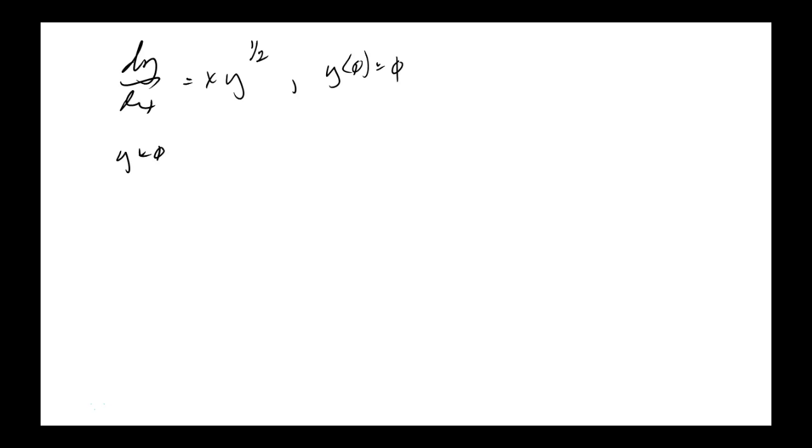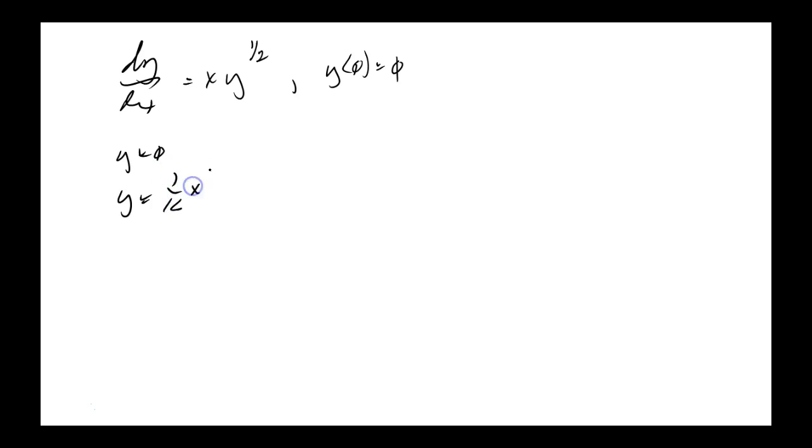Derivative of that is 0, because the derivative of the horizontal line is 0. And if you have x, which could be any value there, times the square root of 0, square root of 0 is 0. So for any value x, 0, that is satisfying.